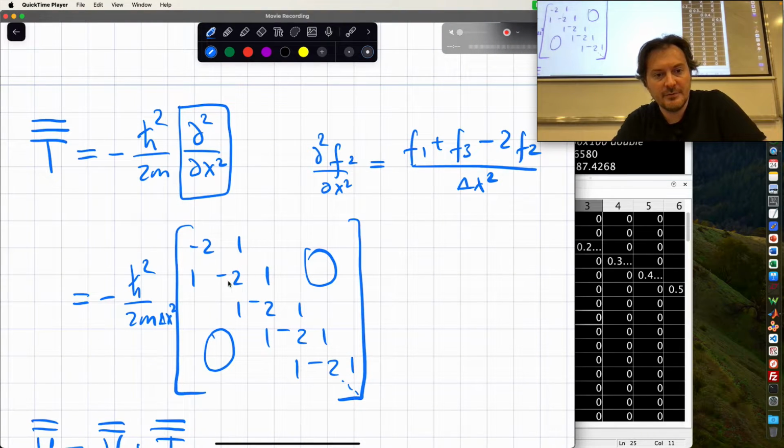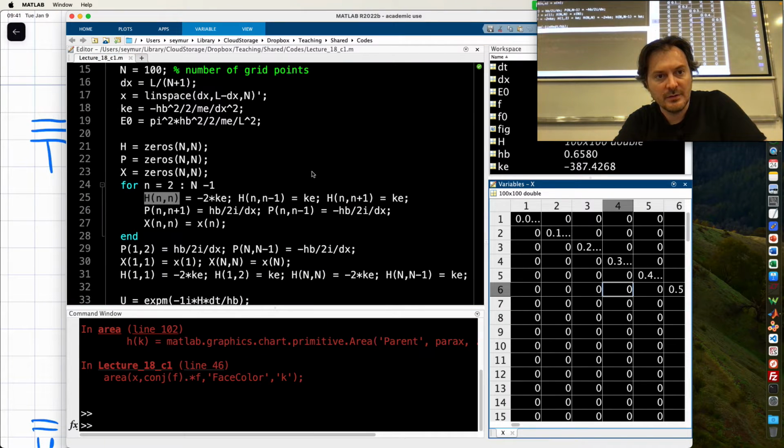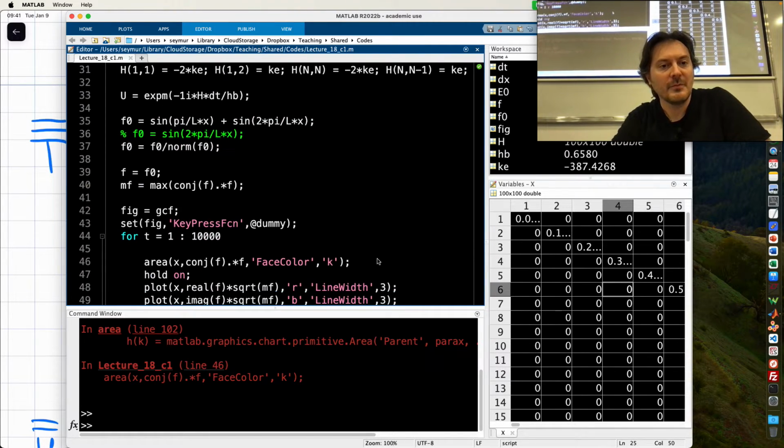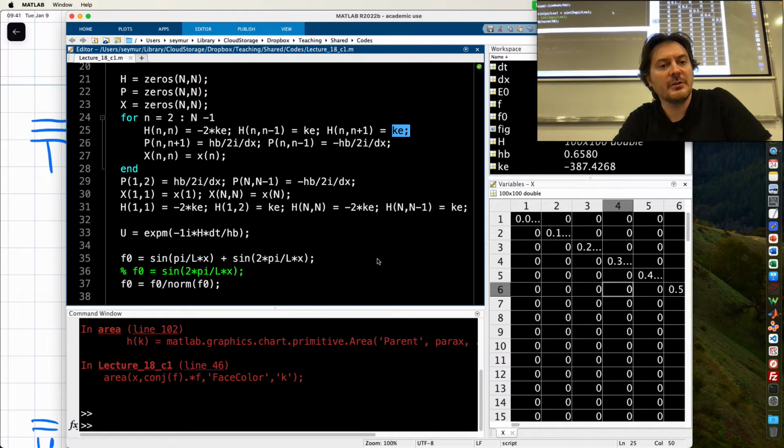I basically have 1, minus 2, 1, 1, minus 2, 1, and minus 2 is multiplied by this h bar squared over 2m delta x squared. So h bar squared over 2m delta x squared multiplied by those minus 2's, 1's, and 1's, etc. So that's how you construct your matrices.